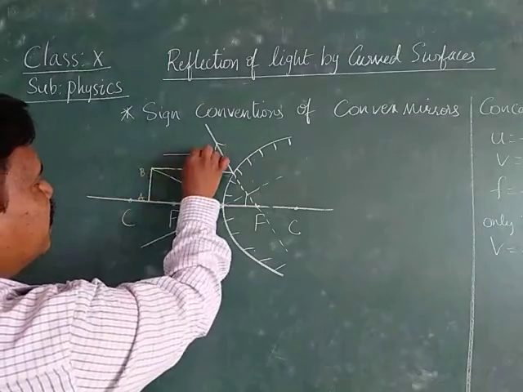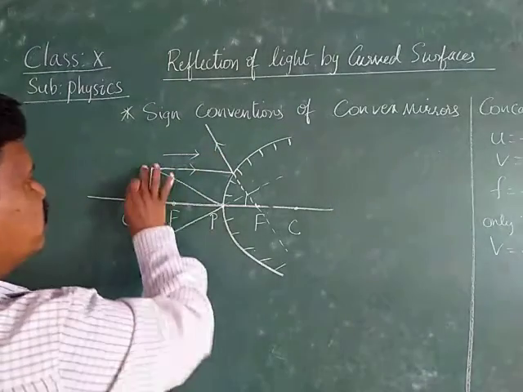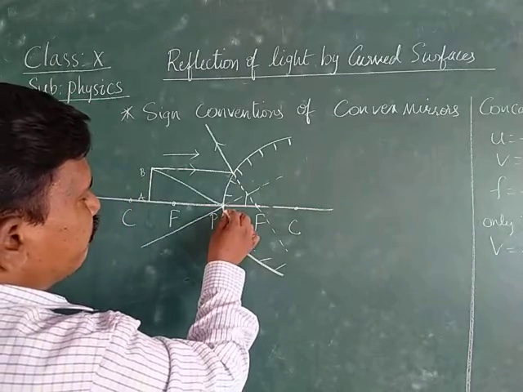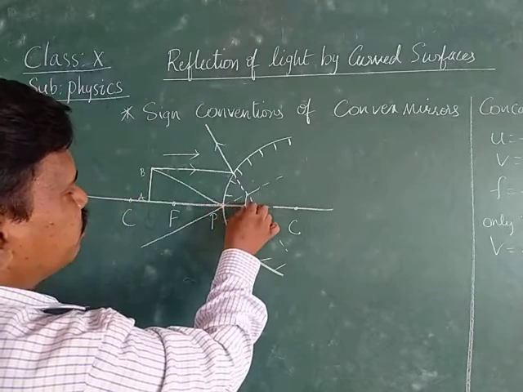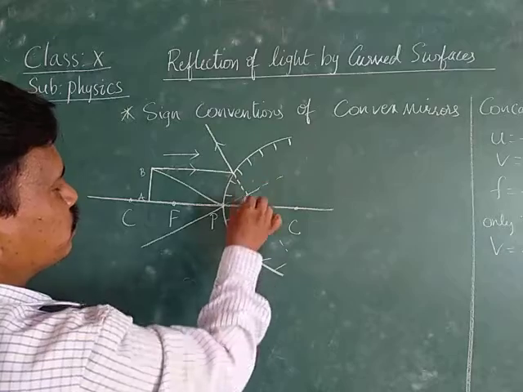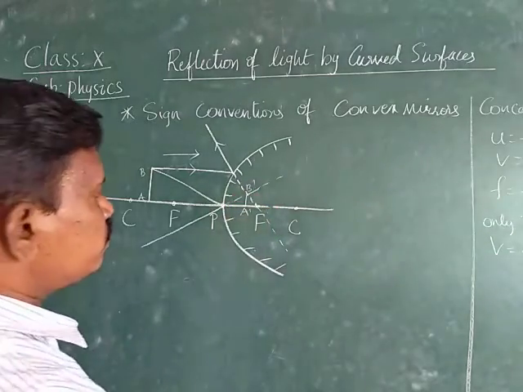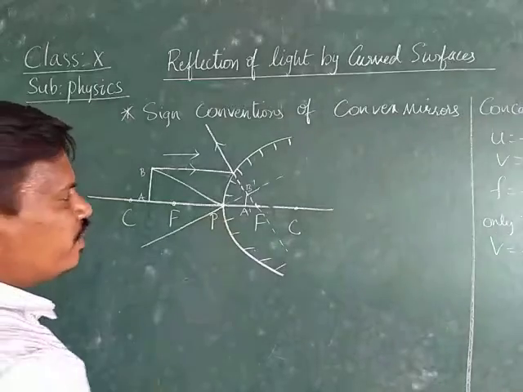Here is the incident light; the direction of the incident light is this one. And here, the image is formed over here, that is A dash B dash. The image is formed inside the mirror.